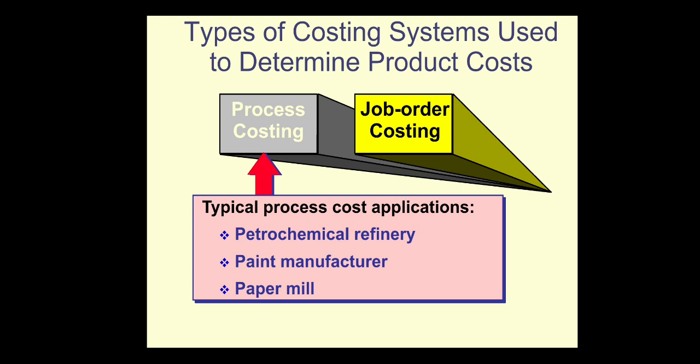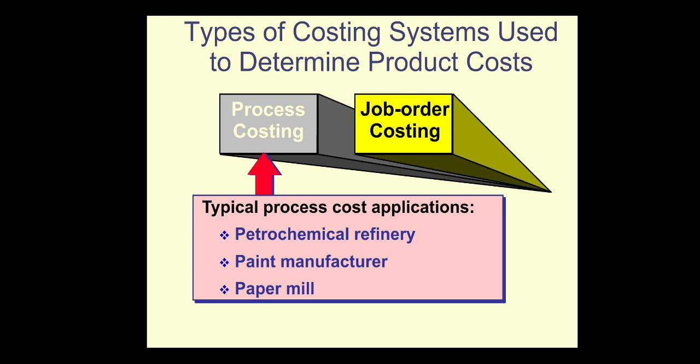Let's say in one day, a Coca-Cola factory in Malaysia produces 10,000 bottles of Coke, and the total cost for that day is $10,000. So how do we calculate the cost per bottle of Coke?